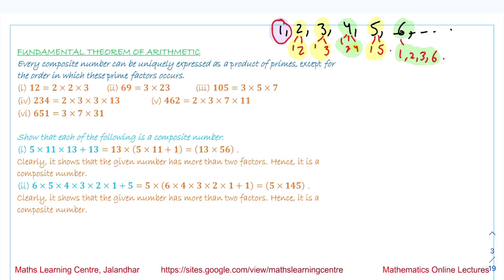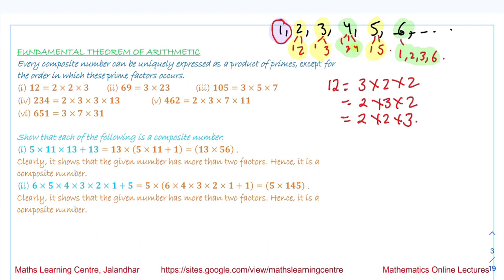So we are saying every composite number can be written uniquely as the product of primes except for their order. Some examples are given over here. If I am talking about 12, we can write it as 3 into 2 into 2, or as 2 into 3 into 2, or as 2 into 2 into 3.